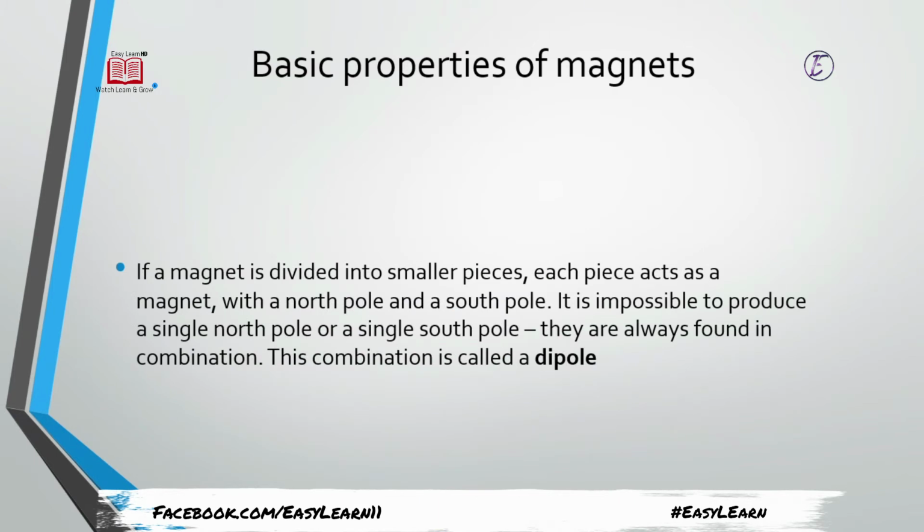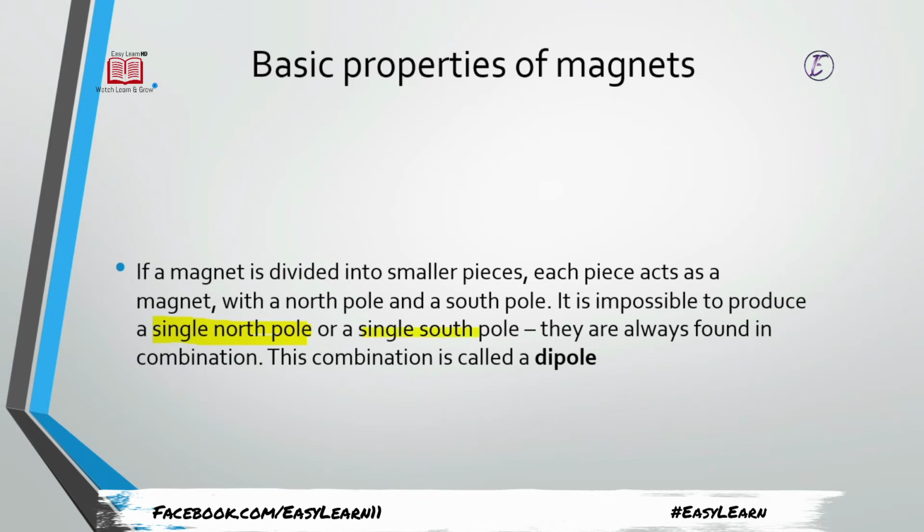If a magnet is divided into two smaller pieces, each piece acts as a magnet with a north pole and a south pole. It is impossible to produce a single north pole. That is what I was discussing in the second last slide, that there is no magnet available with a single pole, a single south pole or a single north pole.